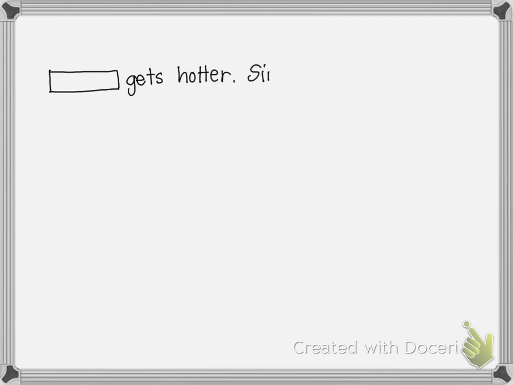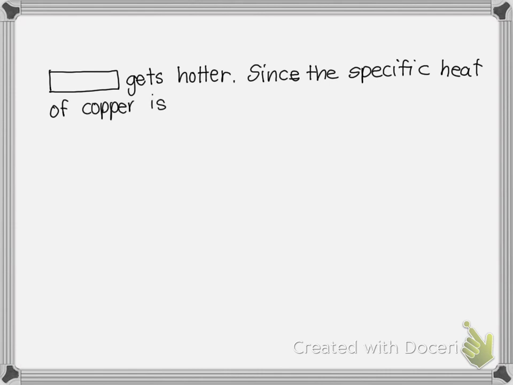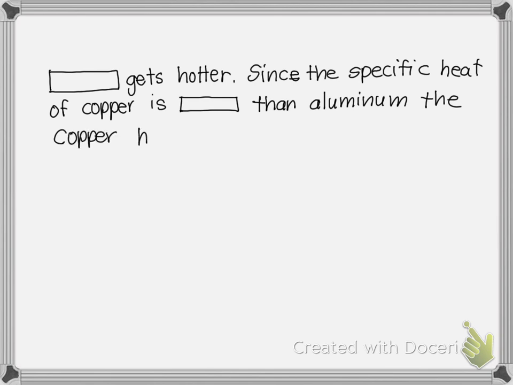And then it has another sentence, since the specific heat of copper is, and then there's another blank, a drop down, than aluminum, the copper heats more. I was answering blank.